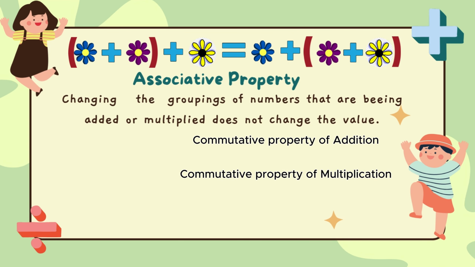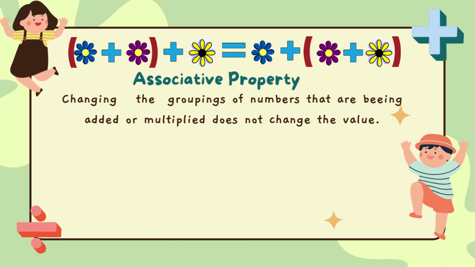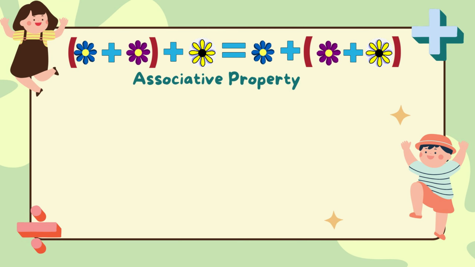Okay, next, let's have the third property, the associative property. If the commutative property is changing the order, then the associative property is changing the grouping. So, associative property: changing the groupings of numbers that are being added or multiplied does not change the value. Okay, let's have the representation. If I have the quantity of a plus b, plus c, what do we mean by grouping?